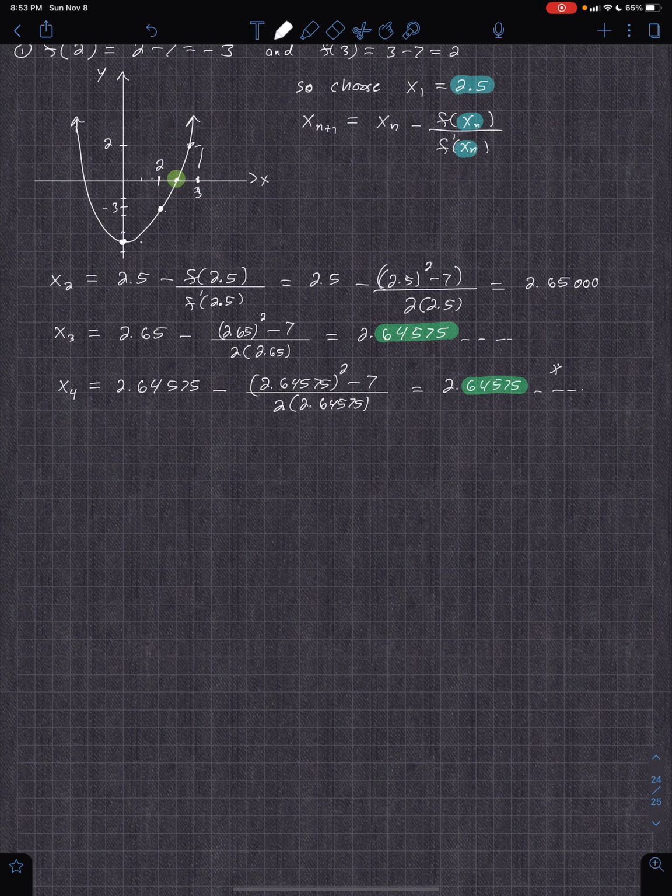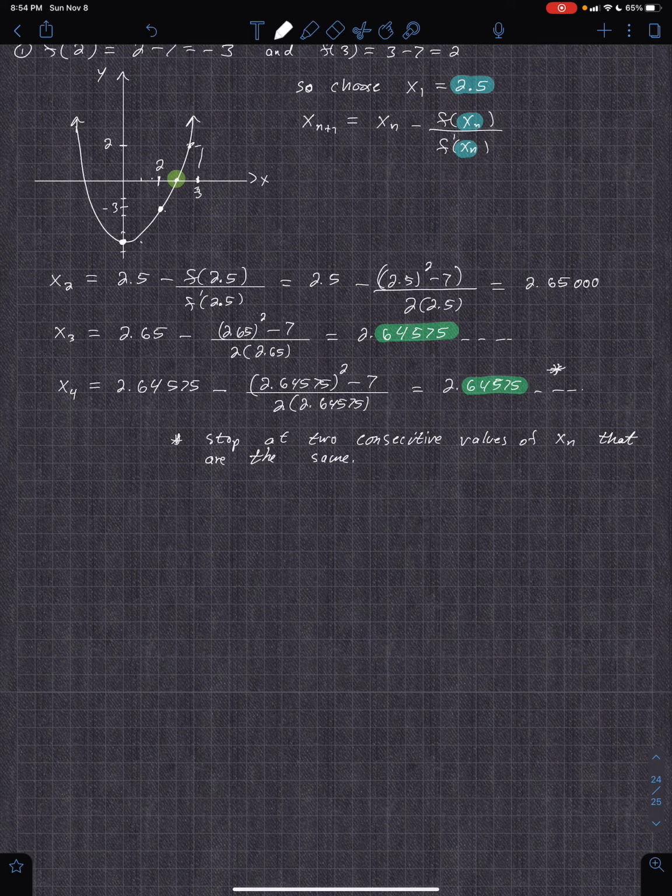So make a little note here. Stop at 2 consecutive values of x sub n that are the same, and it's the number of decimal places you want.